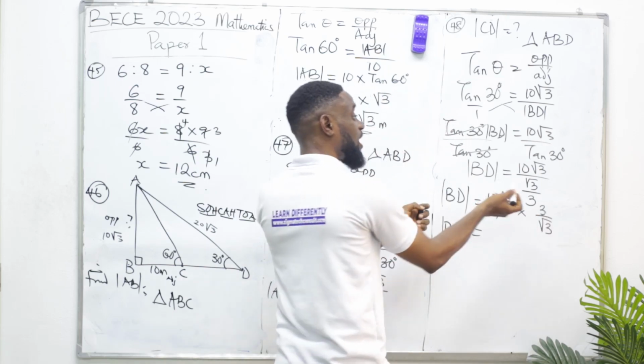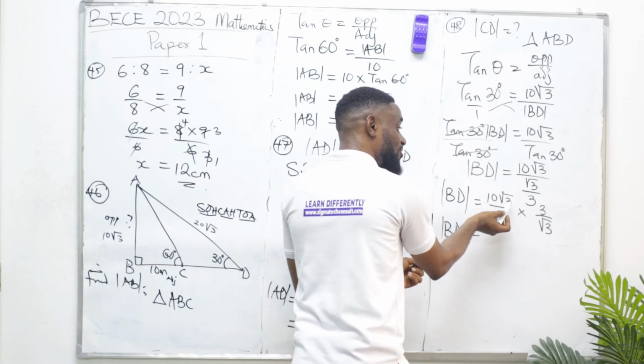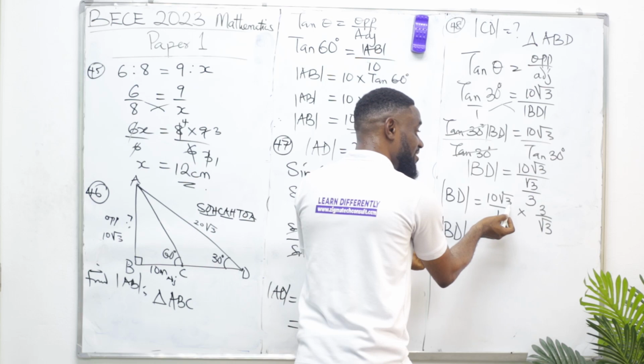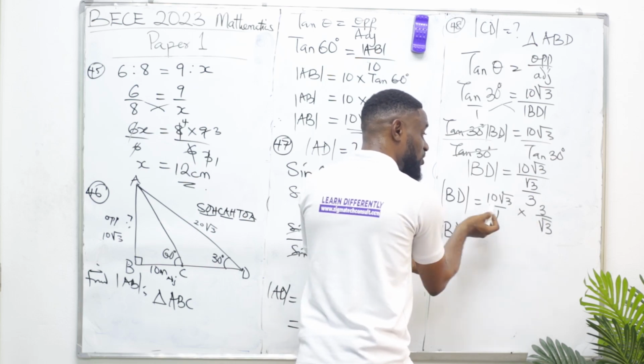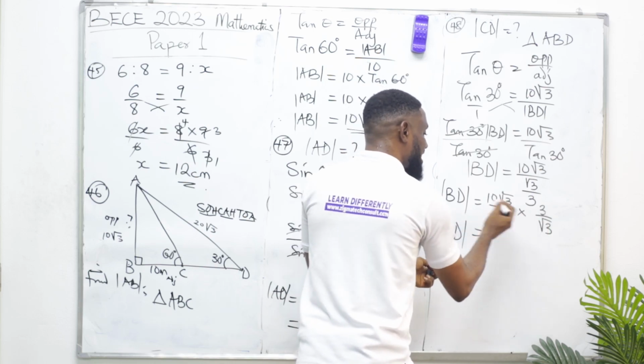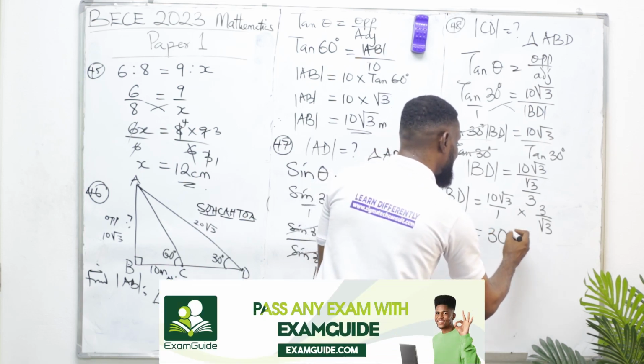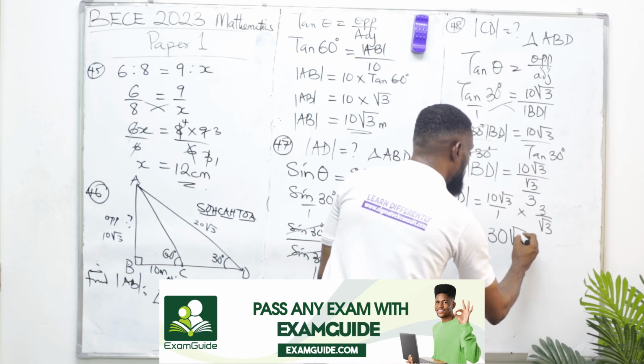Remember I said you can only multiply what has the same like 10. This is root 3, so 3 cannot go and multiply this root 3. 3 can only multiply this 10. So 3 times 10 is 30, right? That is correct. So we have 30 root 3.